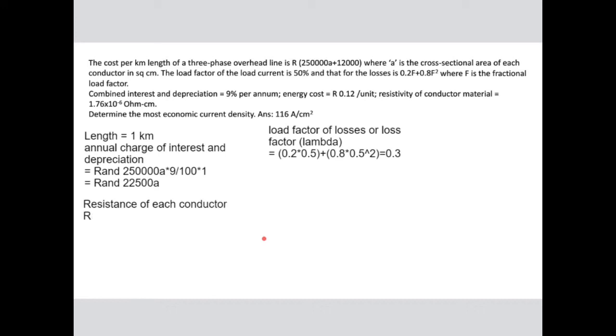So we can go to the next step, which is resistance of each conductor. R is equal to rho L over A. Rho is given 1.76 times 10 to the power minus 6, rho times L, where L is 1 kilometer. 1 kilometer is how many centimeters? 10 to the power 5. In rho L over A, we convert it to centimeter because it's in kilometer there, and rho is given in ohm centimeter, so that the units cancel and we finally get ohm.